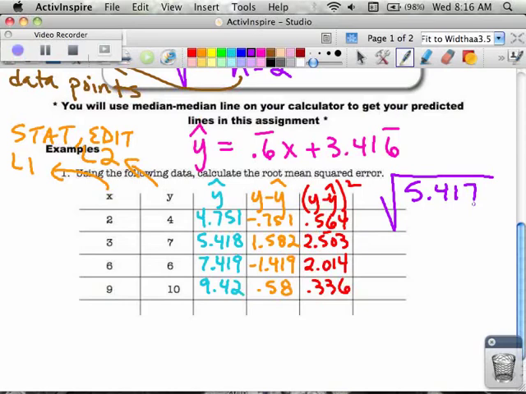On the bottom, how many data points were there? 4. Yeah, I see 4. 2, 3, 6, and 9. So that's the n that came from the purple formula for the root mean squared error. And then you always subtract off 2. So this 4 is saying that there were 1, 2, 3, 4 things.